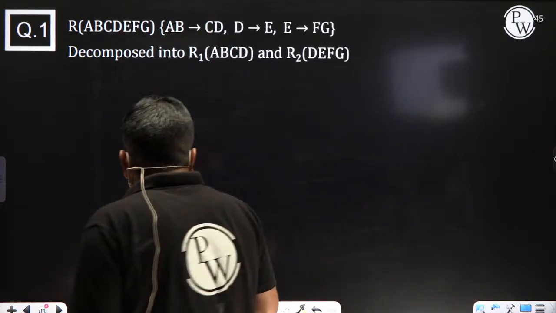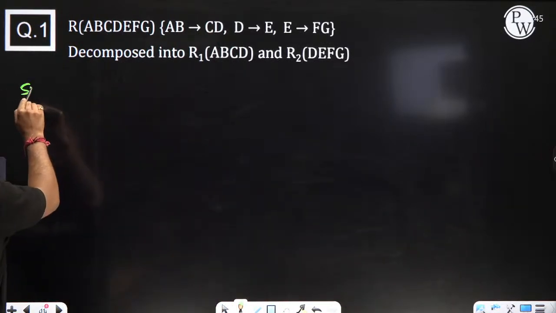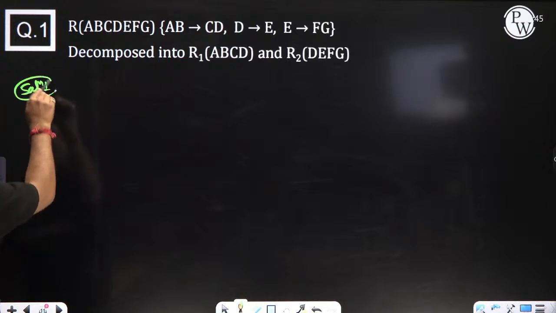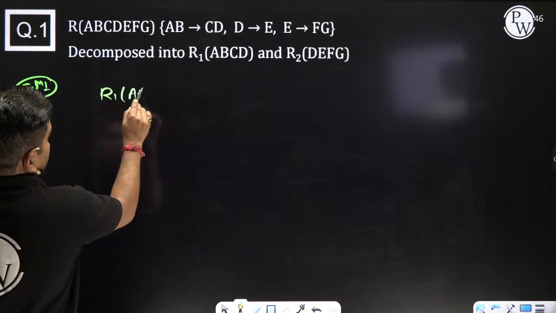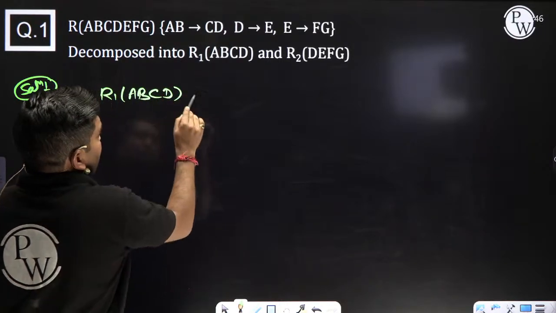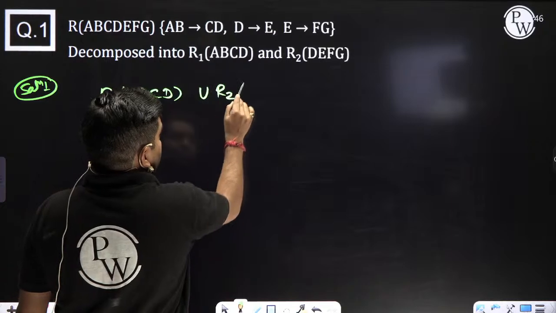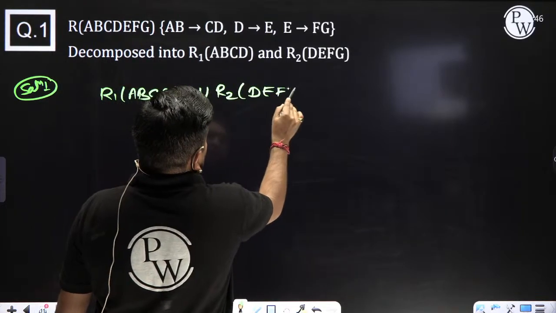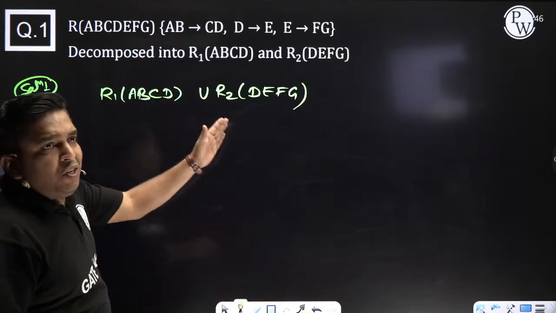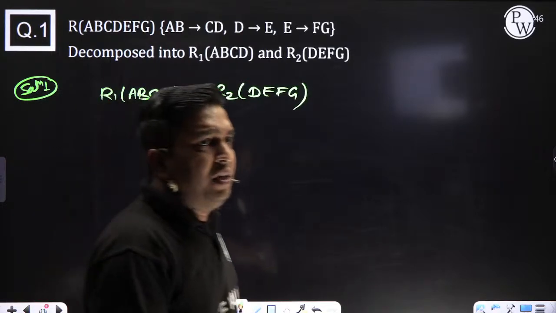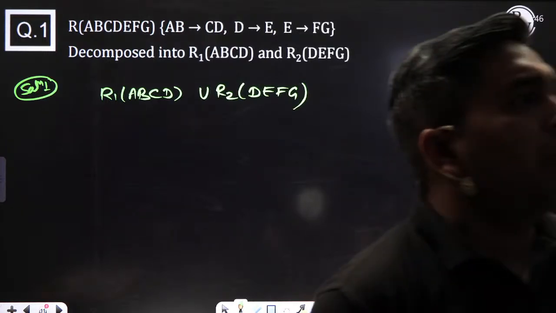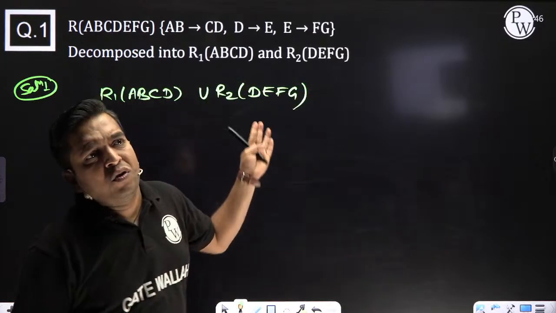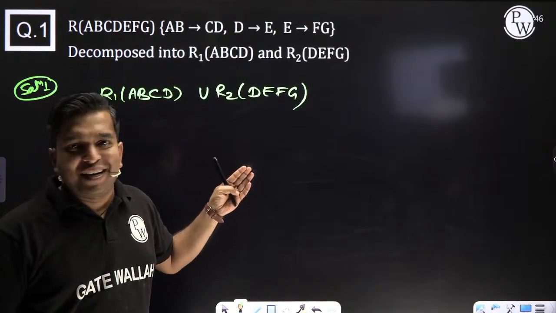Very good. What is the reason for this? Please check it, my dear. Here you can see what R1 is and what R2 is. When you take the union, here the Venn diagram is not working.